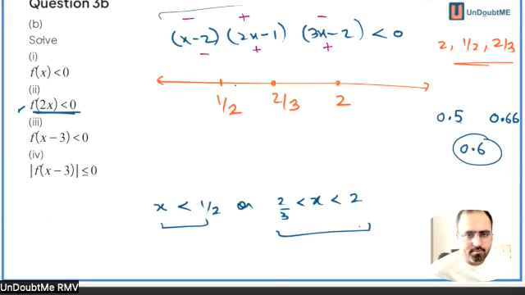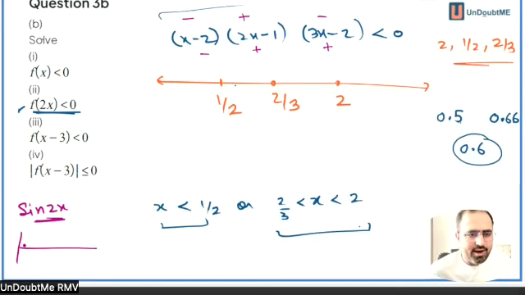So what happens? If it is f of 2x, then all the roots are divided by 2. Just try to recall sine of 2x. If it was sine of 2x, then sine of 2x was a compressed graph by a factor of 2.